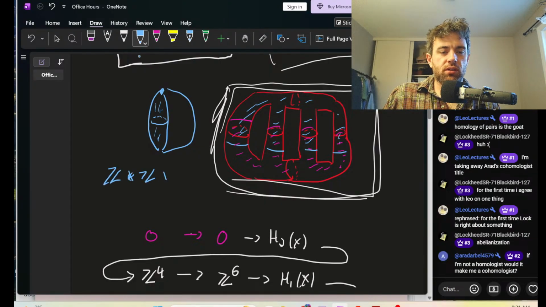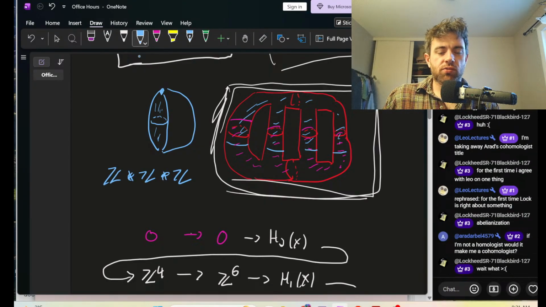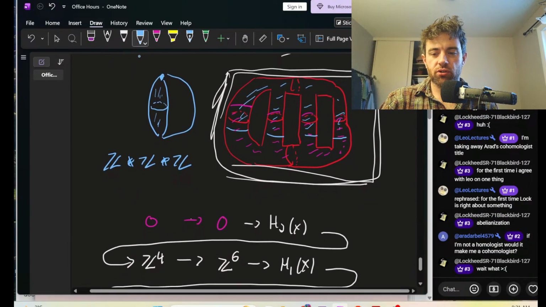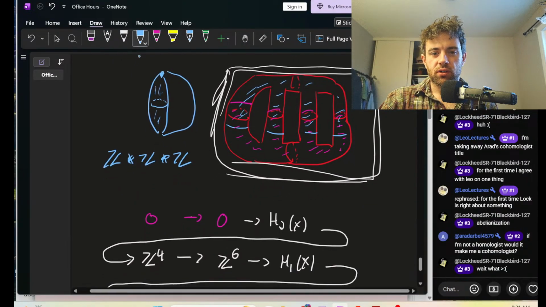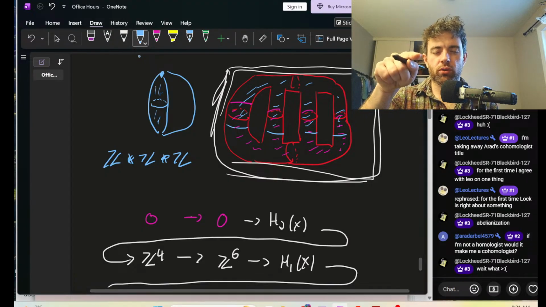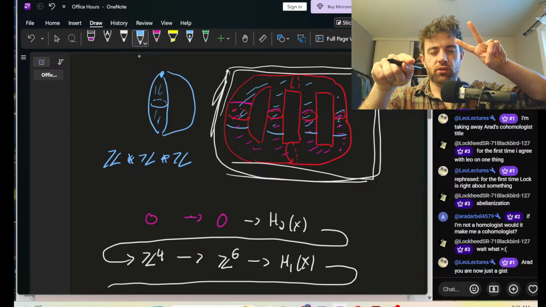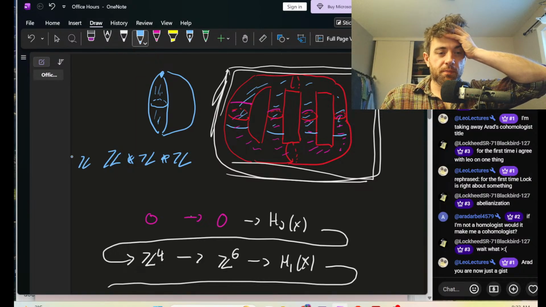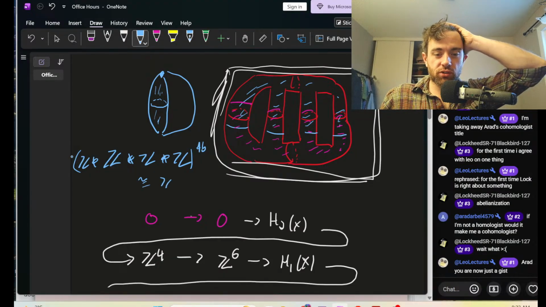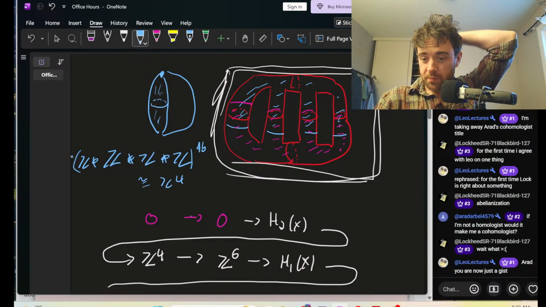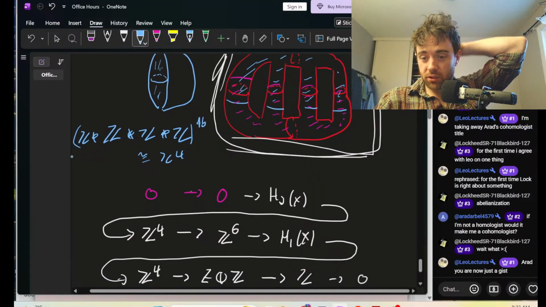Shouldn't it be like 3 Z's starred together? No, one whole torus is 2 Z's, so it should be 4 Z's. And then if we take the abelianization, does that just give us Z4? Am I crazy?